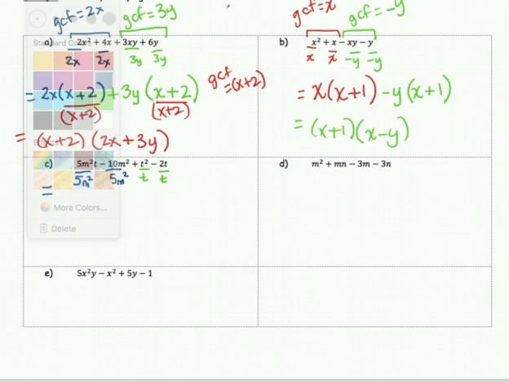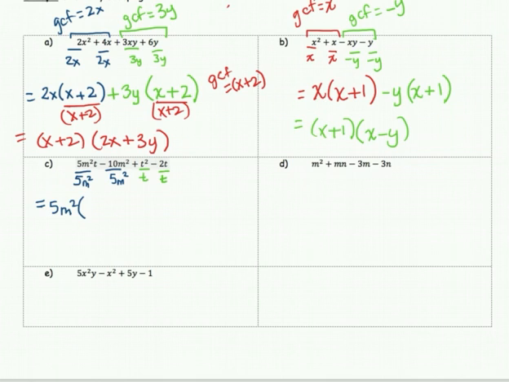So we got 5m squared is the common factor here. 5 and 5 are gone. M squared. That leaves me a t. That is minus 2. The m squareds cancel out. We'll keep going in the same color here. Then we have plus t, and then that leaves me a t inside, and minus 2 here.